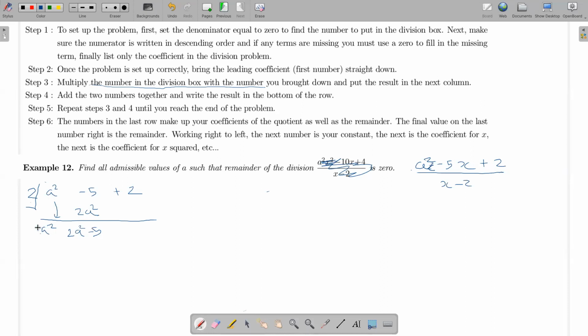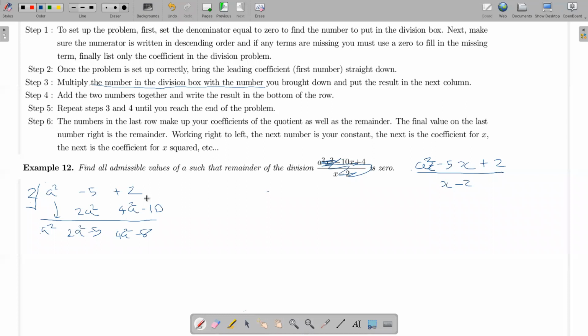So first bring down this, then add here, and multiply this by 2, I get 4a squared minus 10. Any questions? And then I add this to 4a squared minus 8.